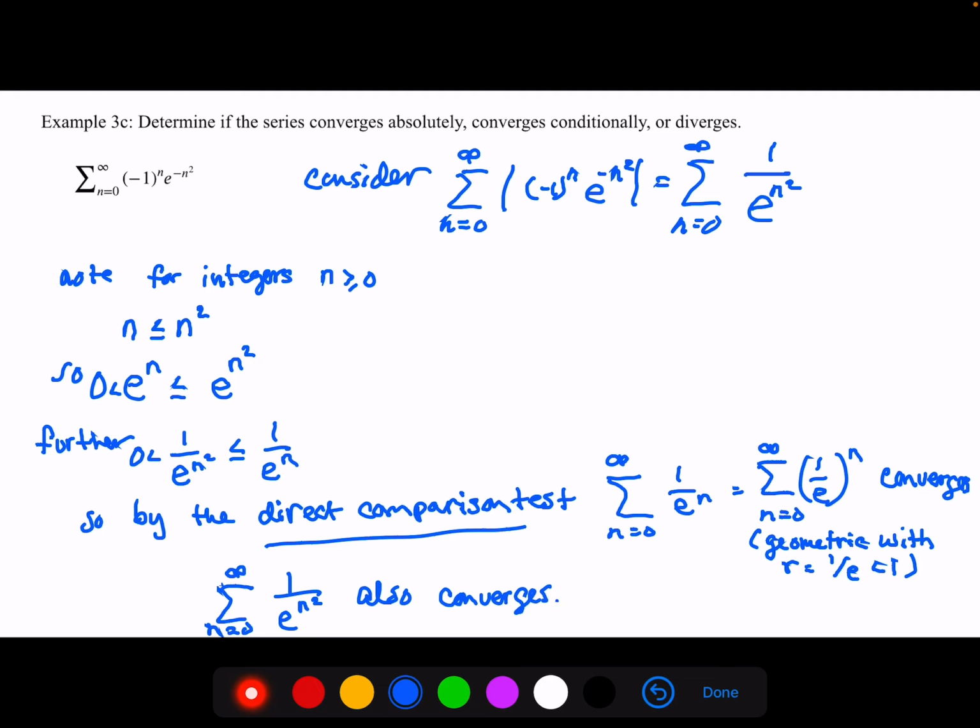Now, that means that our series as a whole, the sum from n equals 0 to infinity of (-1)^n e^(-n^2), converges absolutely.